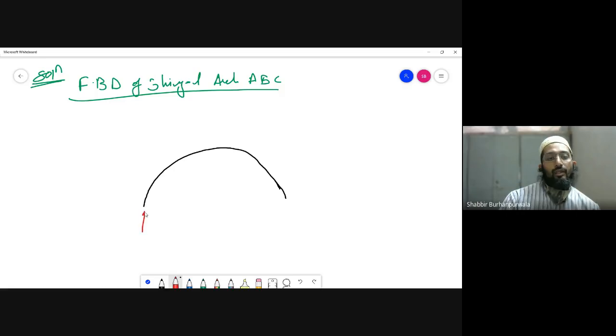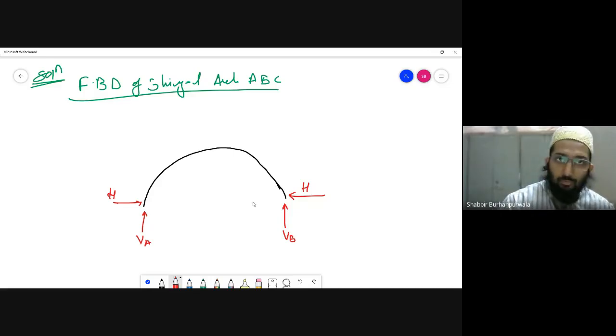So over here at point A there is reaction VA, at point B there is reaction VB, there is horizontal reaction or thrust or horizontal reaction, and both the reactions are going to be same for a symmetric thrust. Symmetric thrust रहेगा तो H की वैल्यू दोनों की सेम रहेगी. ओके, सो इतना पार्ट हमारे लिए क्लियर है.